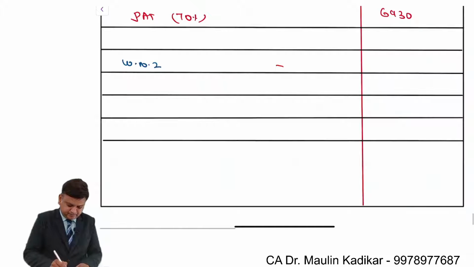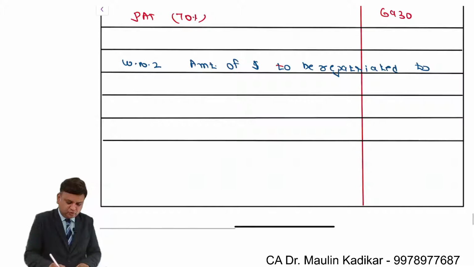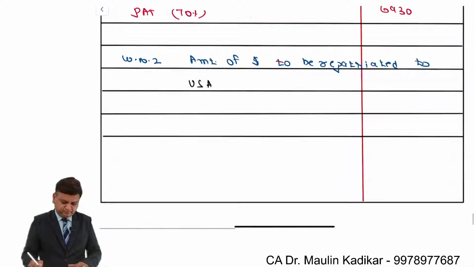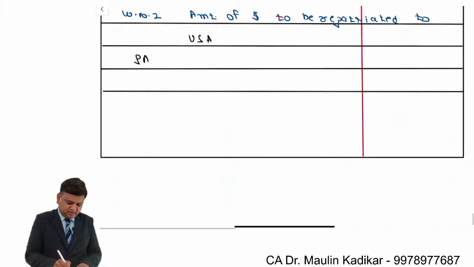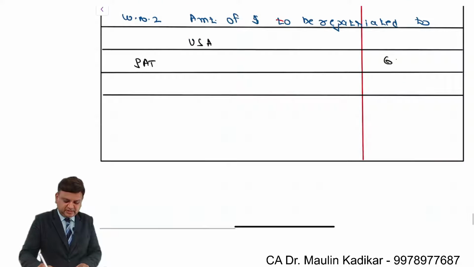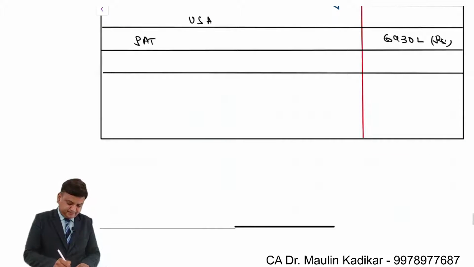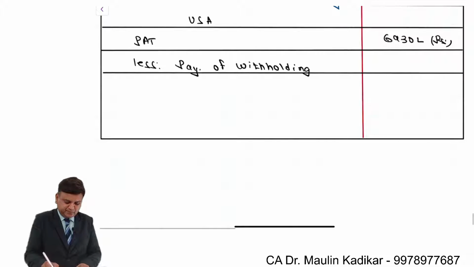So we will have working note number 2, amount of dollar to be repatriated to United States of America. In that we understand profit after taxes 6930 lakhs. It is in the rupees term. This time you have to pay less payment of withholding tax. It is at the rate of 10%, 693 lakhs.